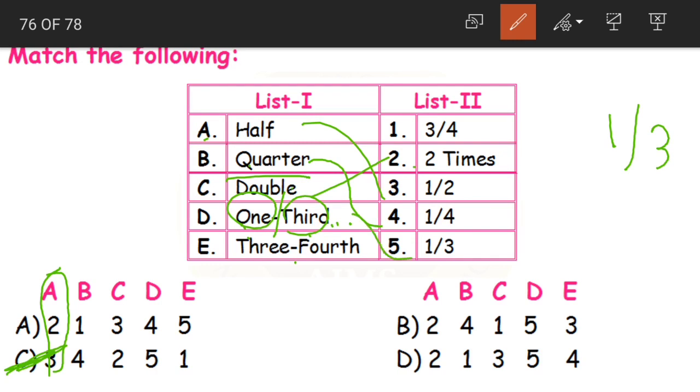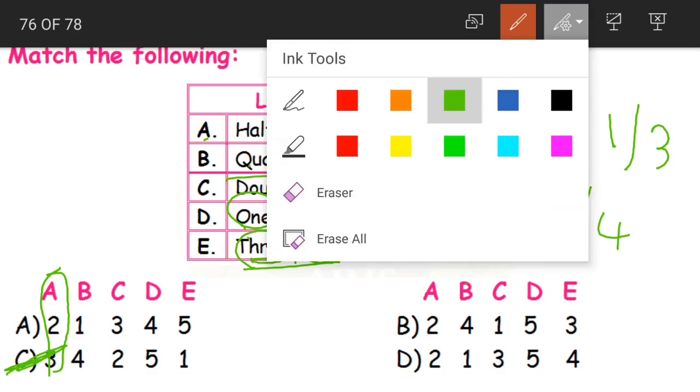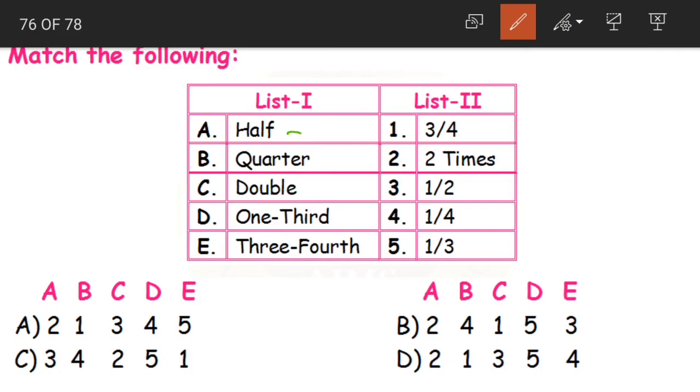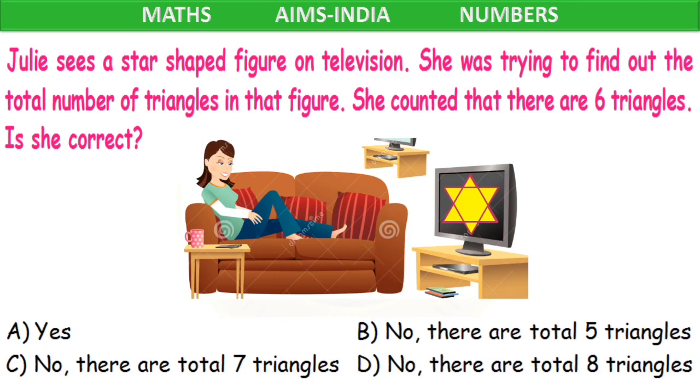That is 5. Number 5 here. Now lastly we have 3/4. Again as I said, 3 divided by 4. That is 1. So 3/4 becomes our answer. Yes. A is 3. B is 4. C is 2. D is 5 and E is 1, just as given in option C. Okay. So match the following questions are the easiest to solve.